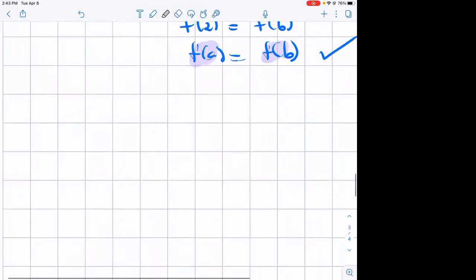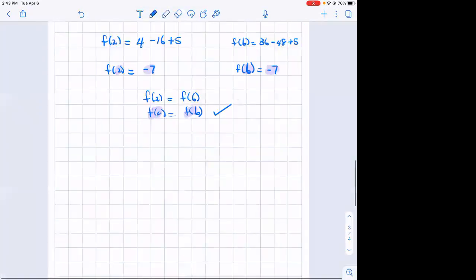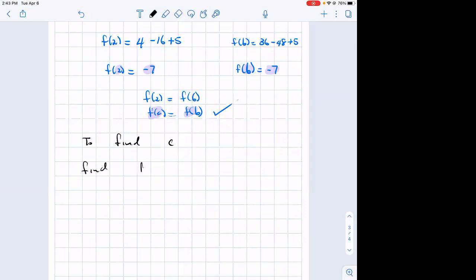You have the function, class, f of x. To find c, find f prime of x and then set it equal to 0. So please do that for me. f prime of x is quadratic, so everyone should know how to find the first derivative, okay?